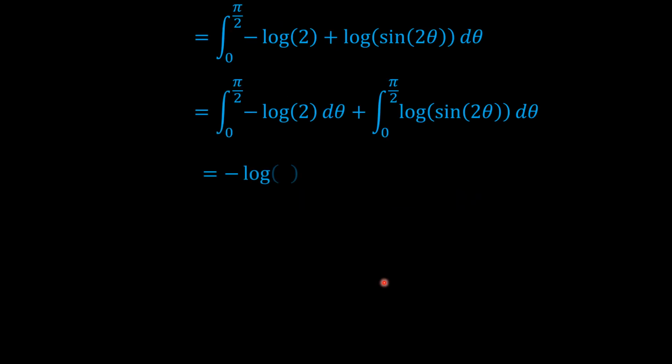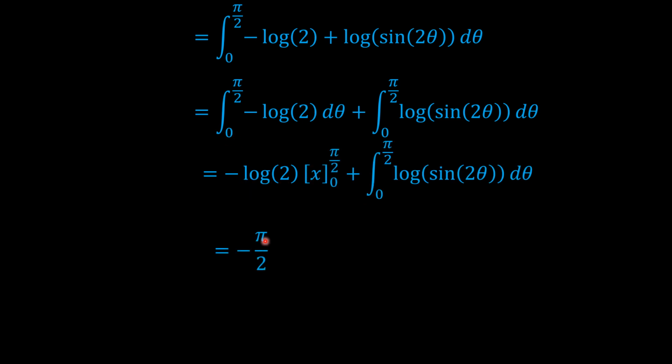And so that becomes negative log 2 times the integral from 0 to pi over 2, and that is obviously minus pi over 2 log 2.